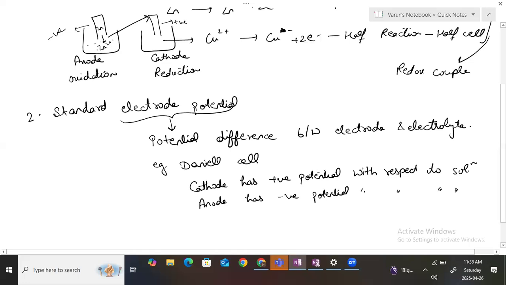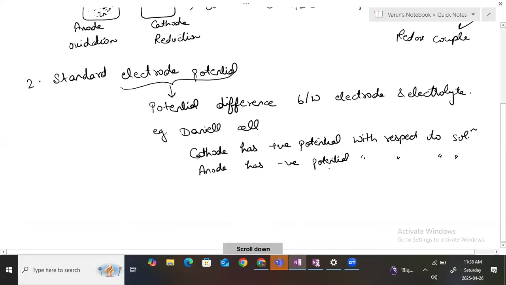It is in the case of the Daniel cell only, or I can say in the case of an electrochemical cell, because in an electrolytic cell, it reverses. Getting? Yes, ma'am.